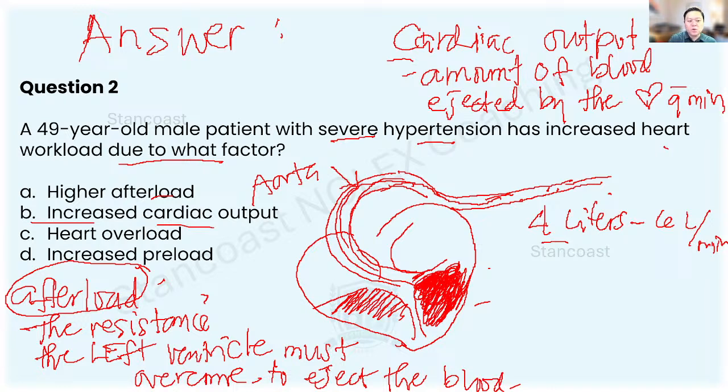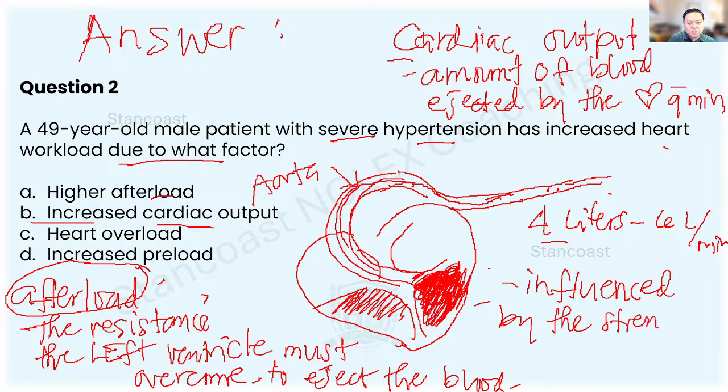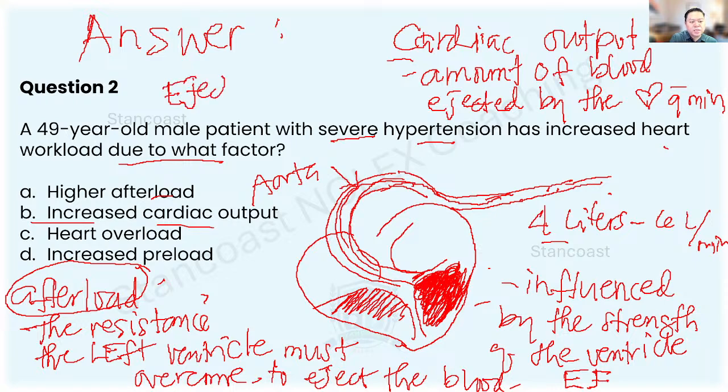And this is going to be influenced by the strength or the contractility of the ventricles. So like I said yesterday in our discussion on congestive heart failure, remember that we talked about the ejection fraction, okay? Remember the ejection fraction, guys?